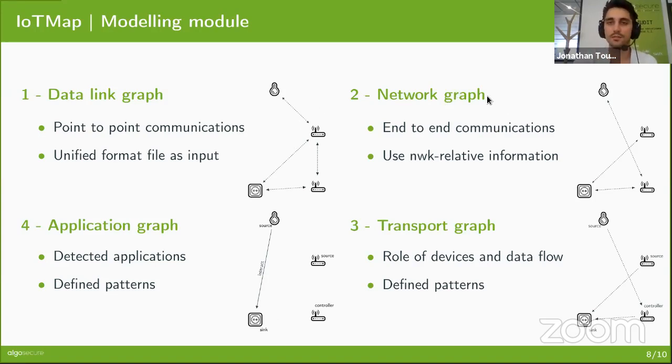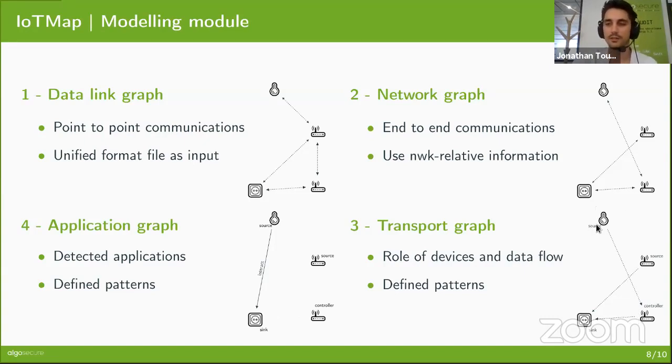Now, with the information brought by the network graph, we produce the transport graph. The transport graph exposes the role of each device and exposes the data flow. As we can see here, we have a bidirectional communication between the light and the router. In the transport graph, we replace these bidirectional communications with oriented one-way communications from the light to the controller.